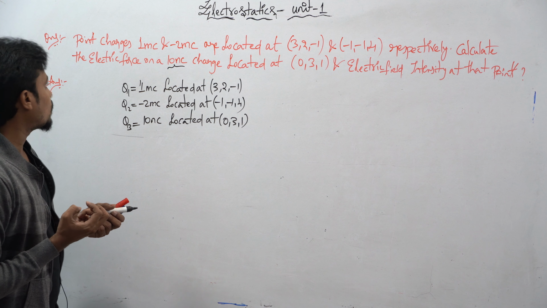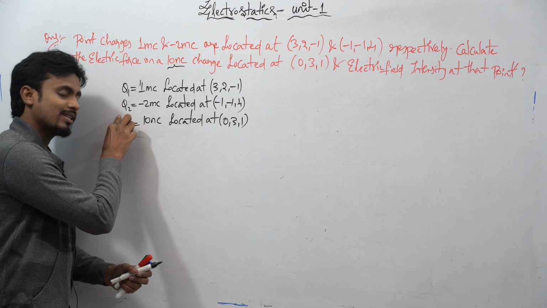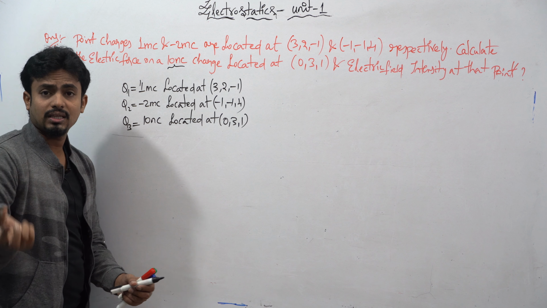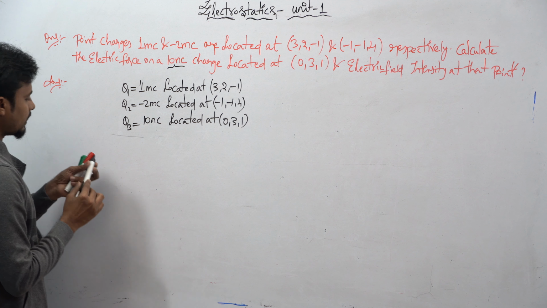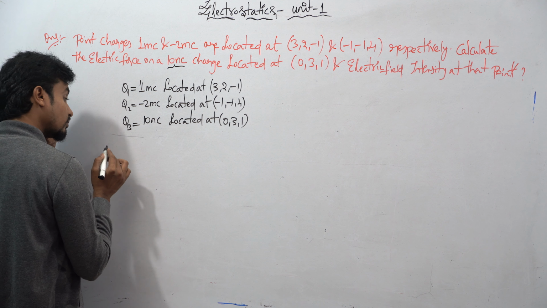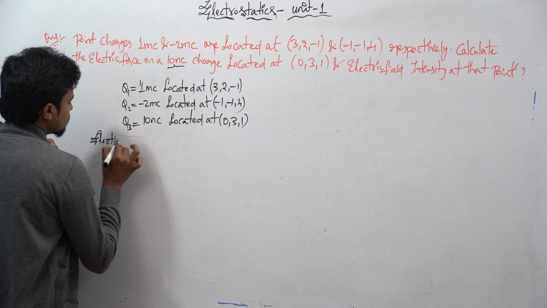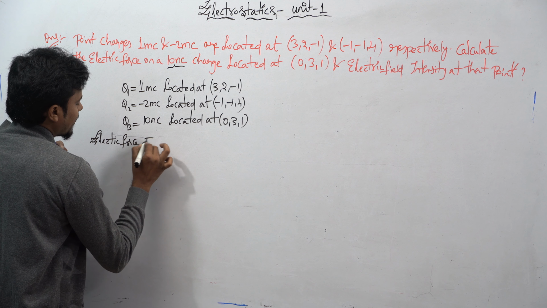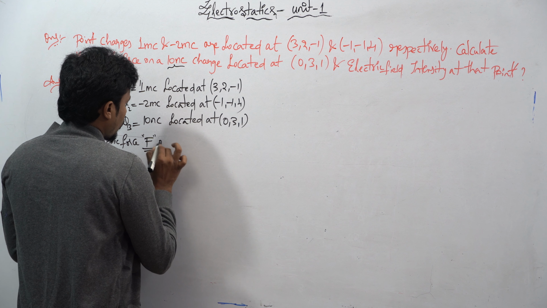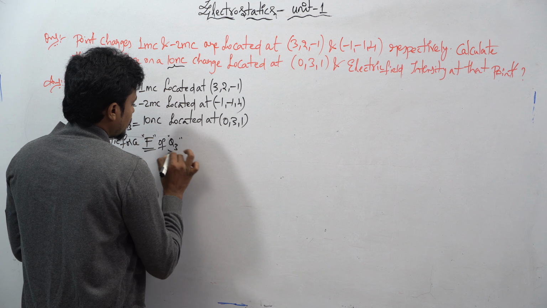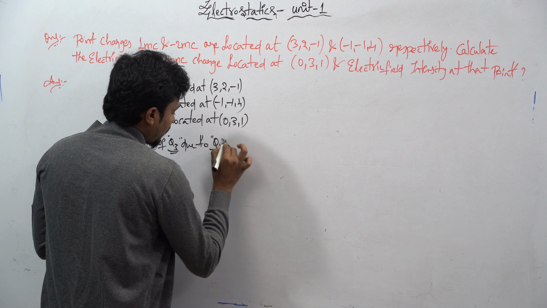So if I want to apply the electric force on Q3 with respect to Q1 as well as Q2, what will happen to the results? That's what we have to check in this question. I will consider the force F of Q3 due to Q1 and Q2.